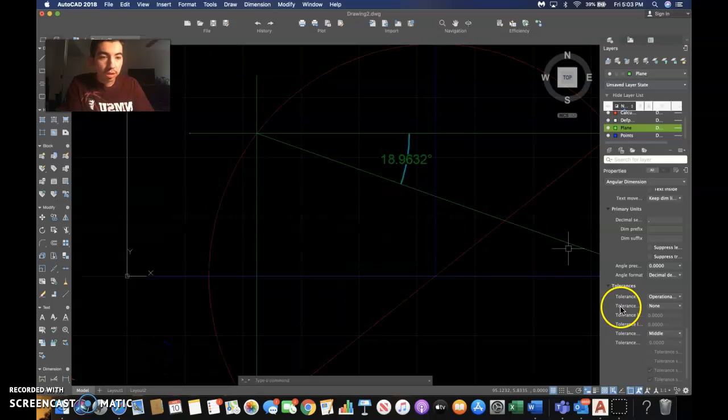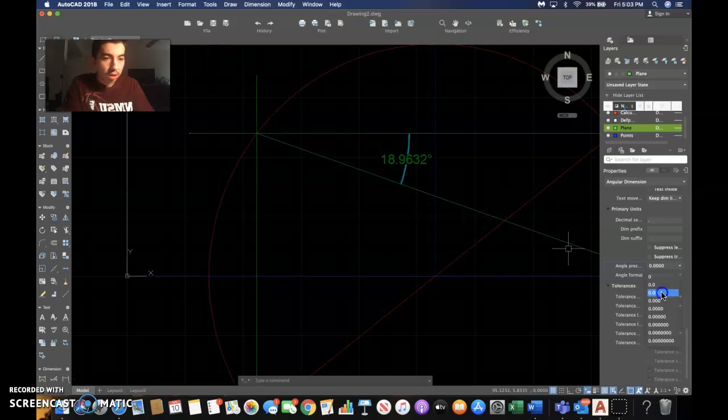So that's going to be 18.96 degrees. And that's a positive angle because it, or wait, no, that's a negative angle because it's clockwise from the horizontal.